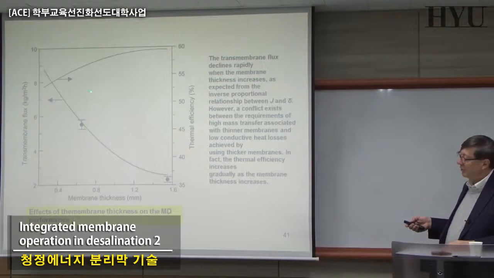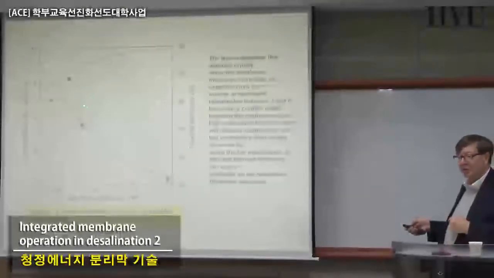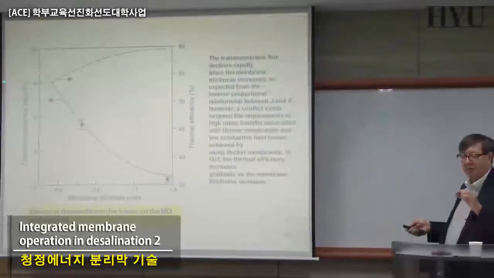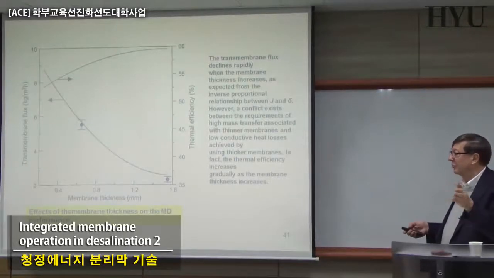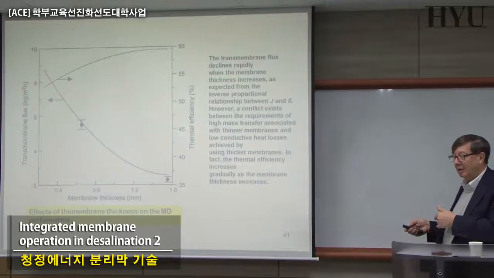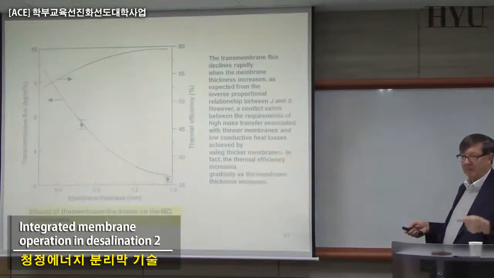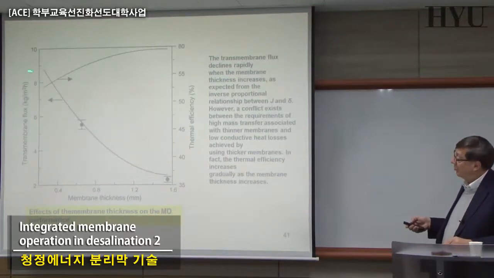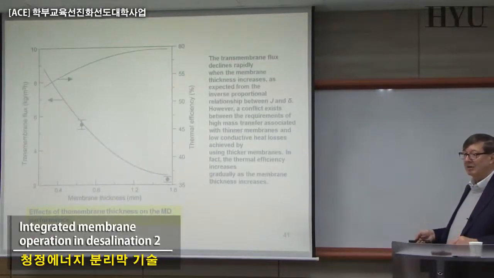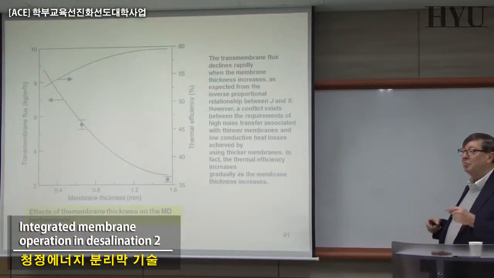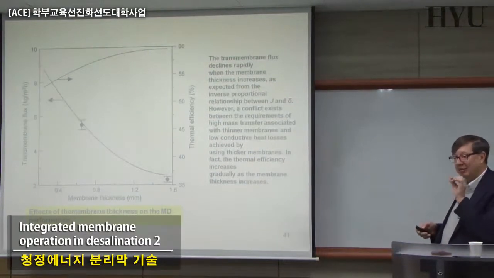But in terms of temperature polarization, if the membrane is very, very thin, you are increasing the thermal conduction of heat across your membrane, so you are losing through temperature polarization. That means that in terms of thermal efficiency you must be careful, because thermal efficiency is not linear with the thickness at all. So you have to find the optimal thickness of your membranes.